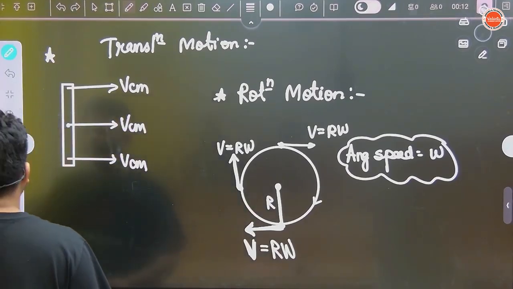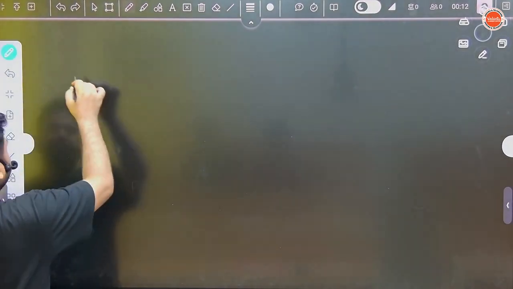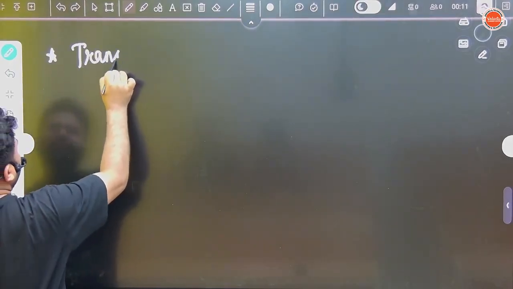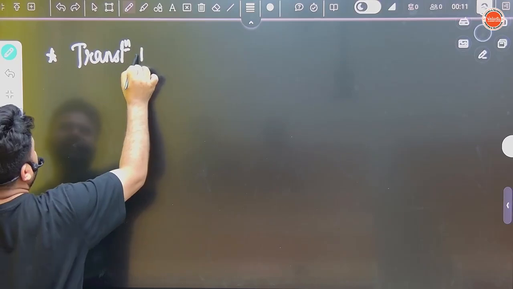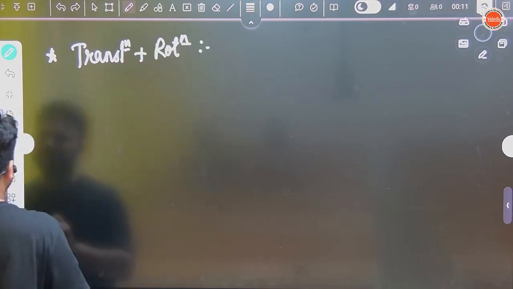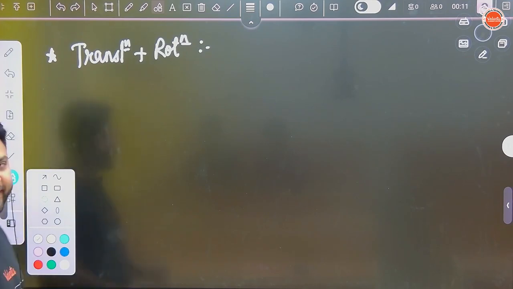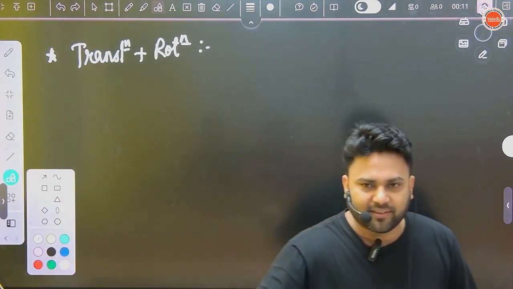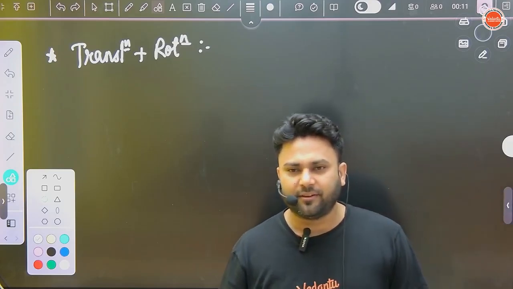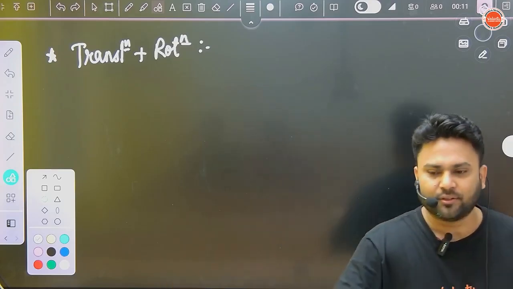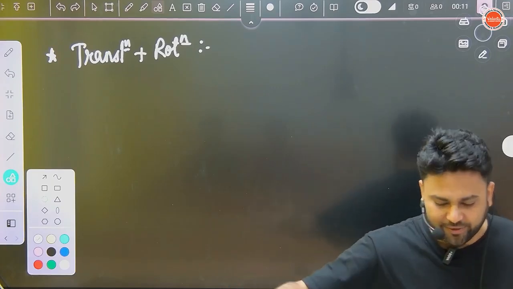Now what happens when we have a mixture of translation plus rotation? Like a tire, which small kids play with, beating it forward like this. The tire is rotating and also moving forward.